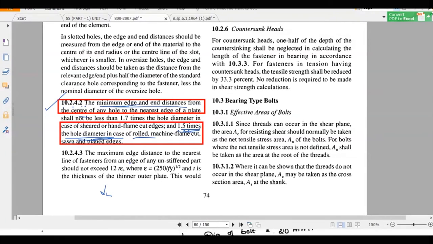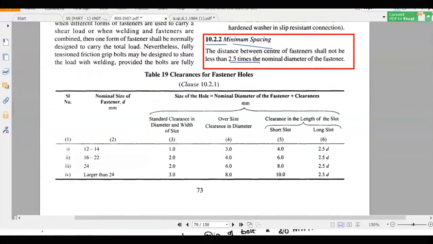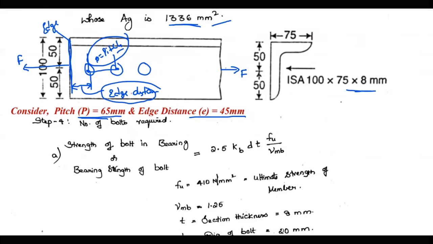And in case of pitch, the minimum value to be taken is 2.5 times the diameter of the fastener, that is the bolt.